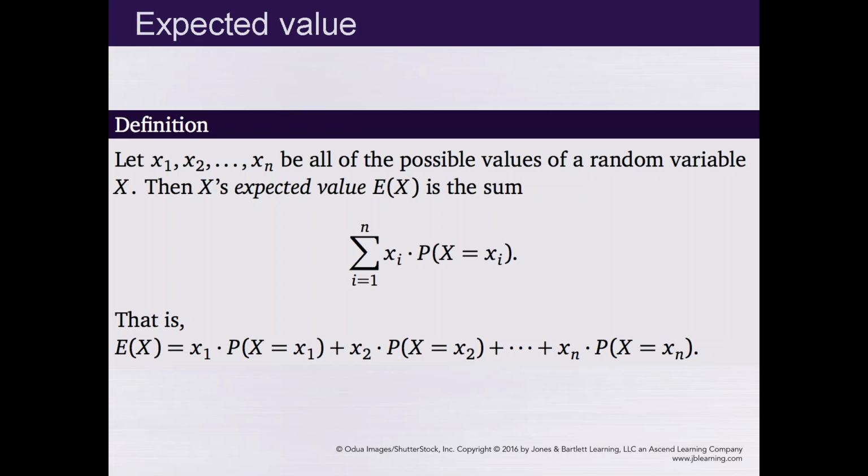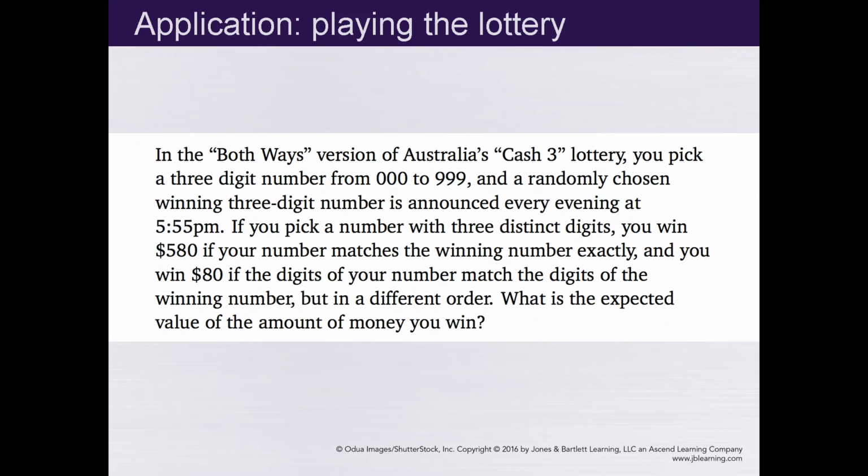Then you take each possible number that can come out times the probability that they happen and add it up. So this long sum at the bottom is really just possible outcome times the probability plus another possible outcome times its probability, and each outcome is a number, a quantity. That's the simple version.